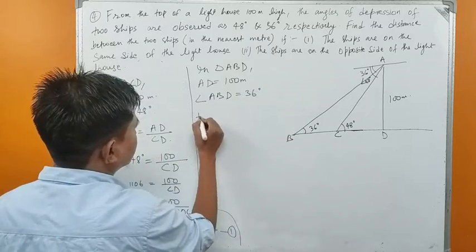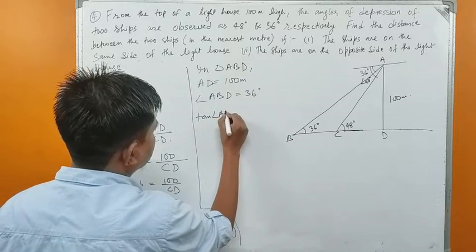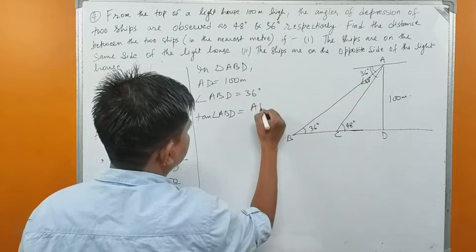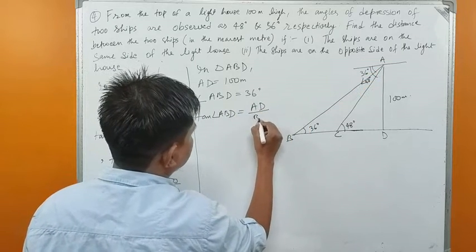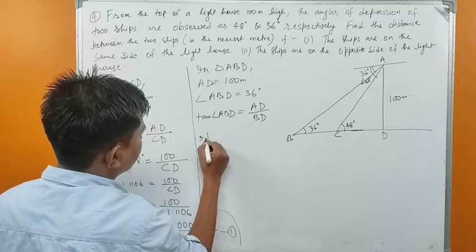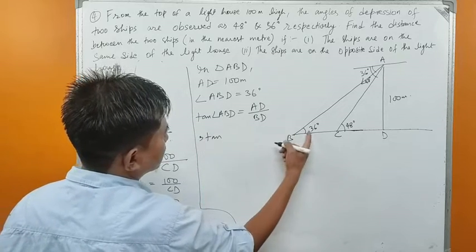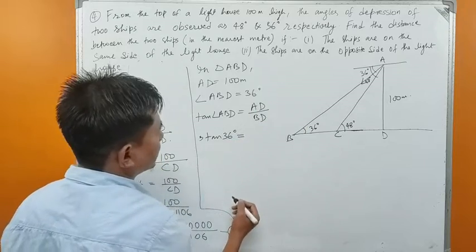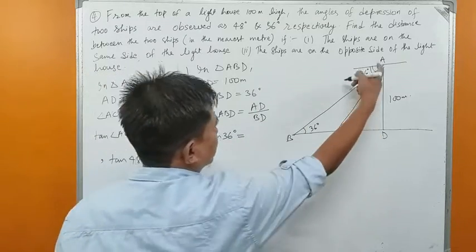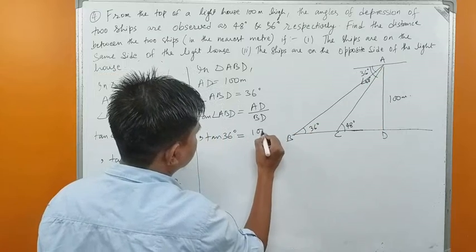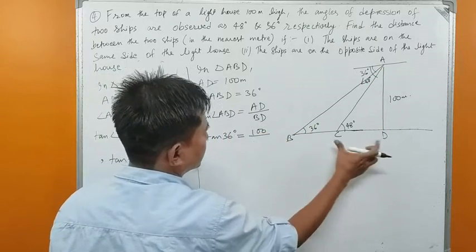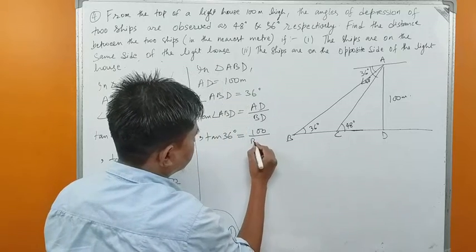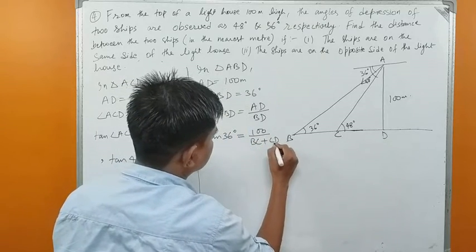Tan of angle ABD equals perpendicular AD by base BD, isn't it? So tan 36 degrees equals AD, which means 100, upon BD. BD means BC plus CD, isn't it?